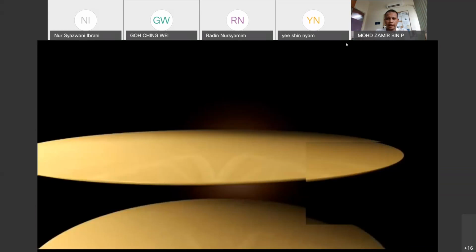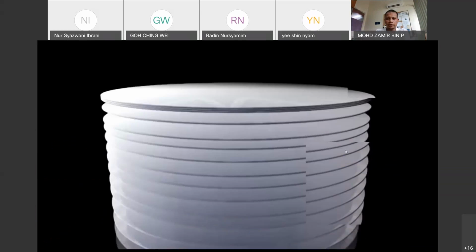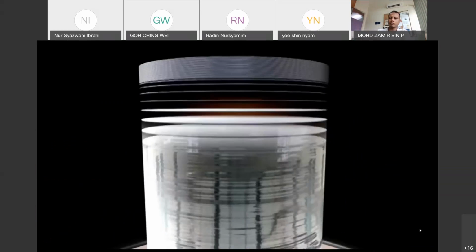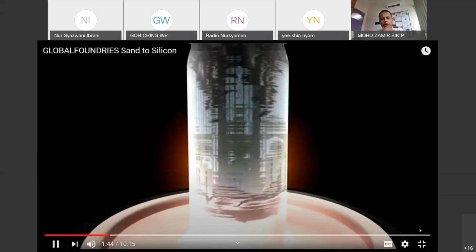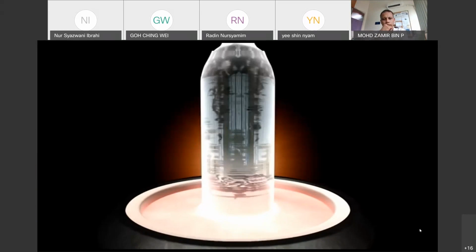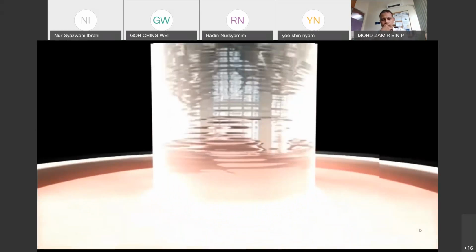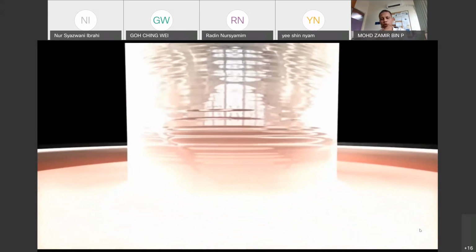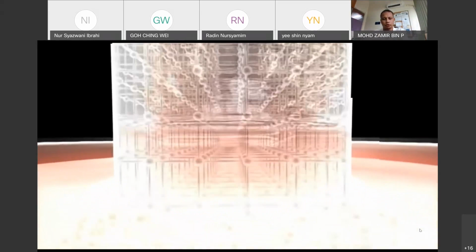So it starts from the sand into silicon. Today we will go through the crystal ingot growth. So this is the slow pull or Czochralski process that I told you yesterday.